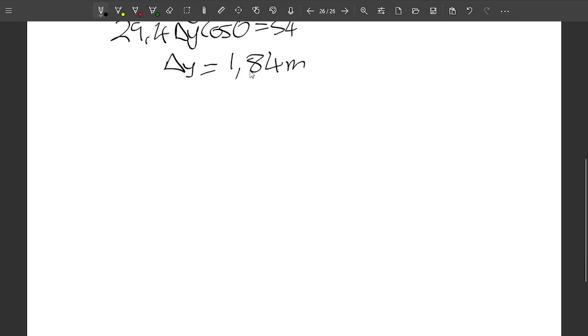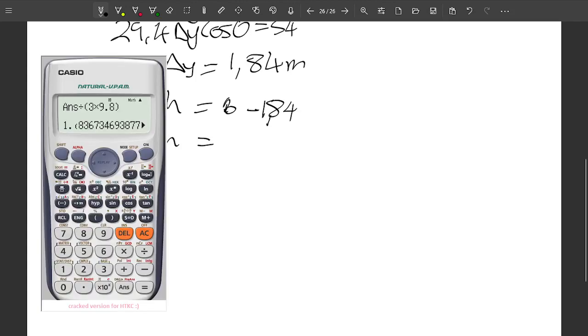Meaning our height, we'll call it h, is going to be the 6 meters, which is the height that it began at, minus the height that it actually consumed through time, which is the 1,84 that we just got. Let me grab my calculator again. We'll say the 6 minus the 1,84 and see what we get.